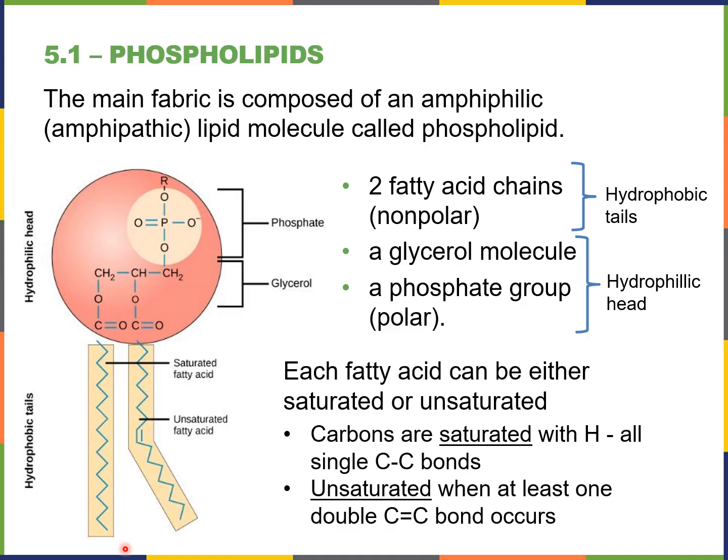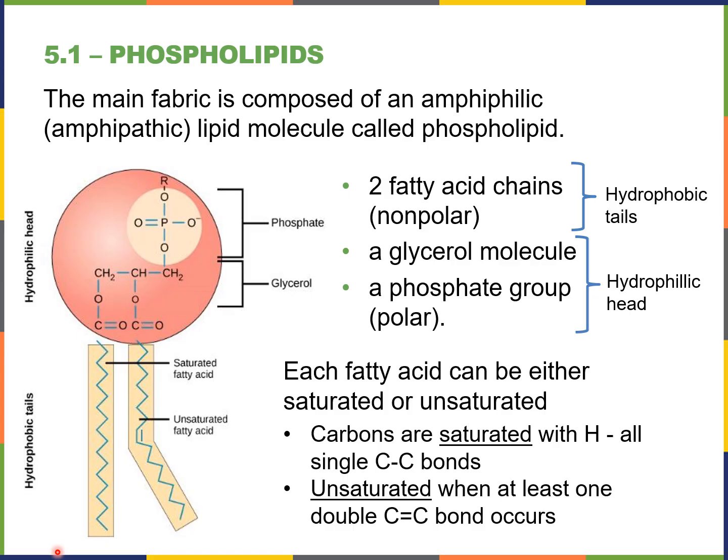The hydrophobic tail is made of two fatty acid chains that are non-polar and do not interact well with water. The hydrophilic head is made of glycerol attached to a phosphate group, and sometimes other attachments like carbohydrates.